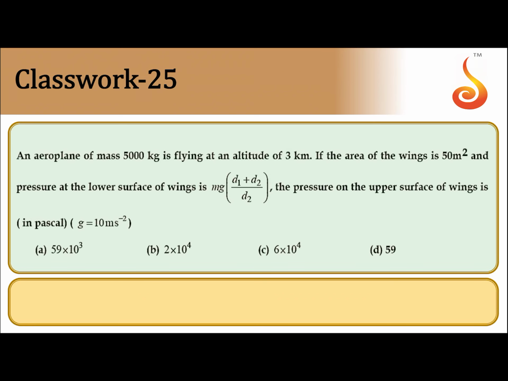25. An aeroplane of mass 5000 kg is flying at an altitude of 3 km. If the area of the wings is 50 meters square and the pressure at the lower surface of the wings is mg into d1 plus d2 divided by d2, the pressure on the upper surface of the wings in Pascal is.